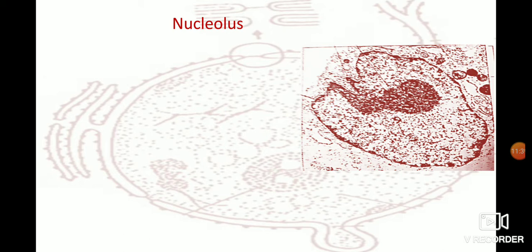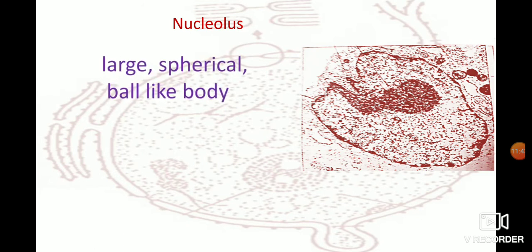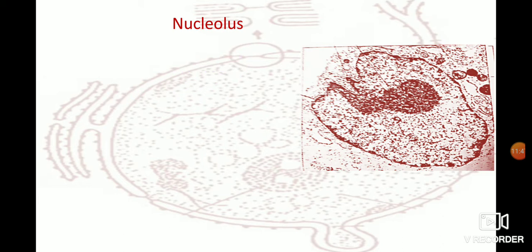It is a spherical ball-like structure found in the nucleus. It was discovered by Fontana. In cell biology, nucleolus is a suborganelle of the cell nucleus, which is an organelle.